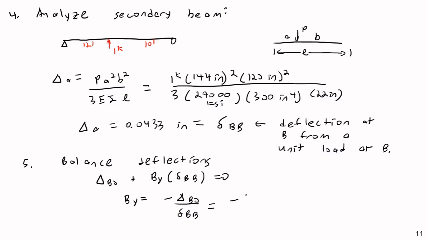And that is negative 1.20 divided by 0.0433. And I find that my BY is 27.68 kips. So I now know the reaction there.